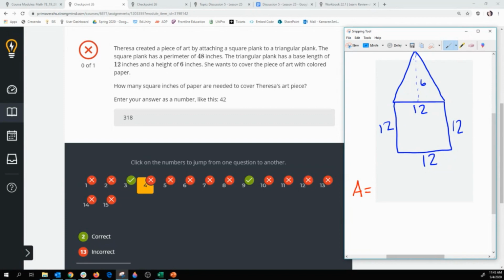So I'm going to use that 6 to help me find the area of my triangle. But first, I want to figure out the area of my square. And the area of a square is the same exact formula as a rectangle. So area of a square would be base times height. So what two numbers would I want to use to find the area of my square?